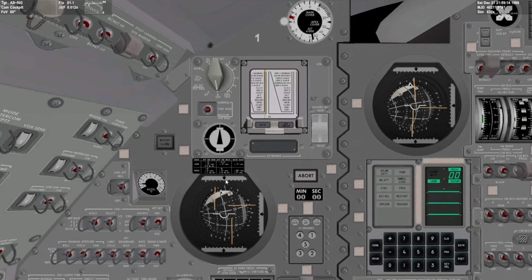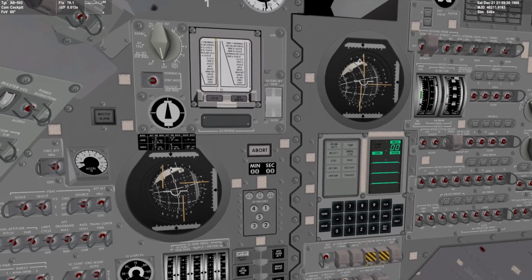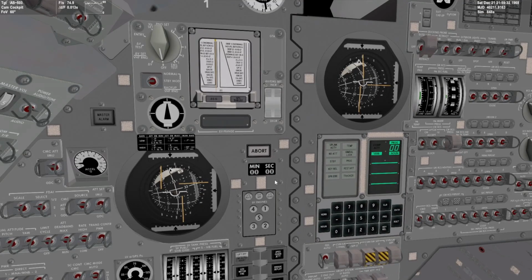So a tenth would be 1/10 of this full range in this rate scale. So I just go ahead and tap, and that's good enough. We are now in PTC, and we can leave the spacecraft to drift as it is.